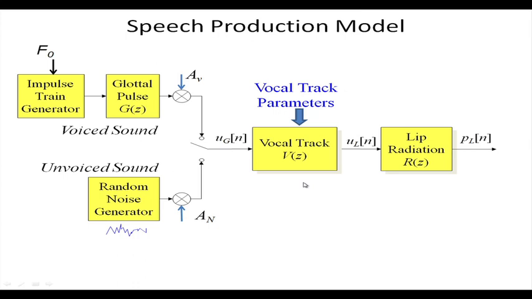So, in summary, this is the vocal tract V(z), radiation is R(z), and glottal pulse is G(z).